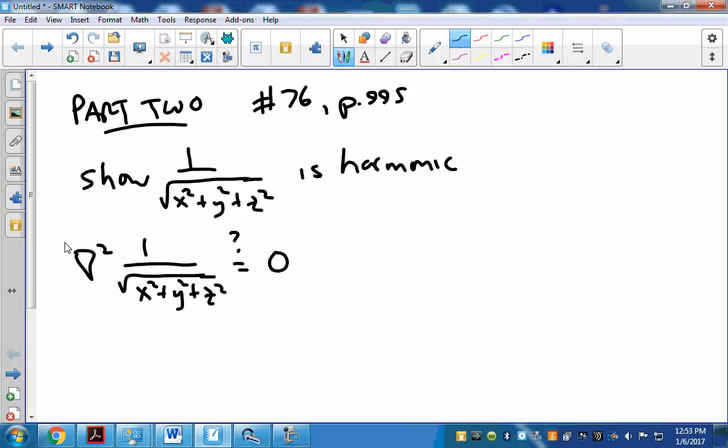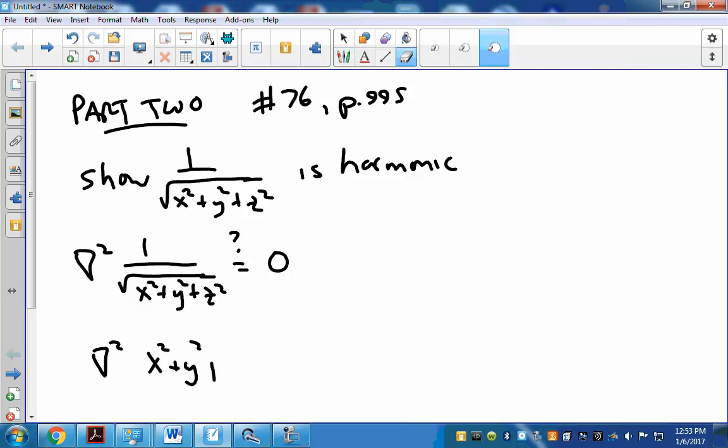For your problems that you're going to be doing at home, I've got various functions. For example, number 1, you needed to show that the Laplacian of x squared plus y squared minus 2z squared is equal to 0. That's what you need to show. That was fairly straightforward.